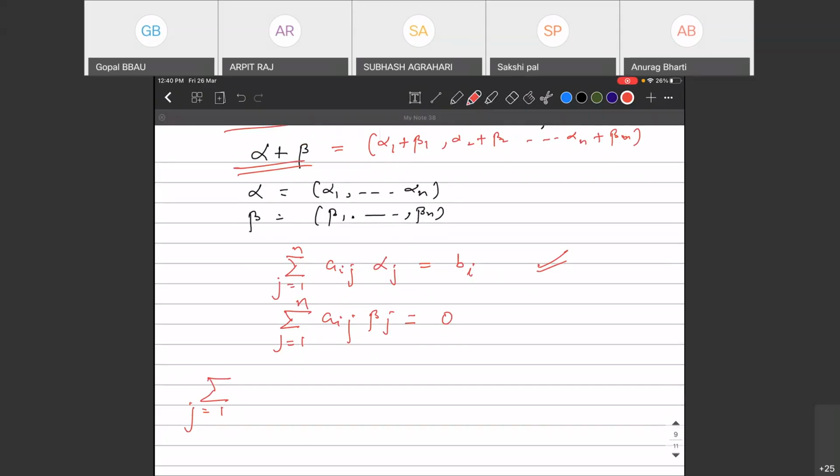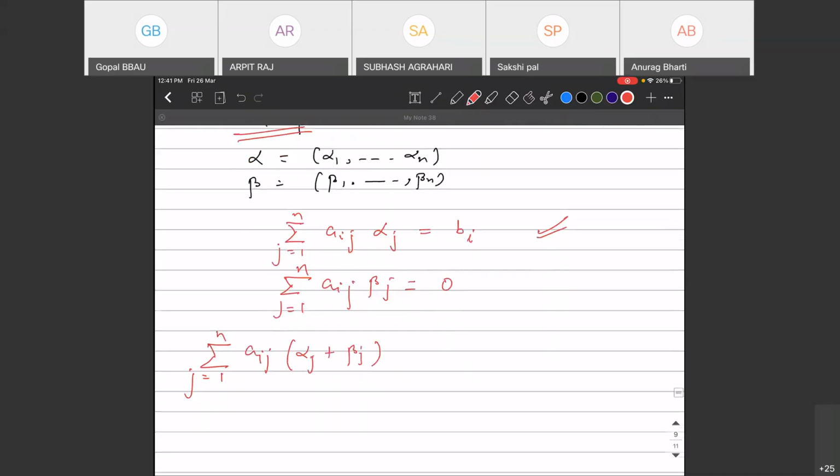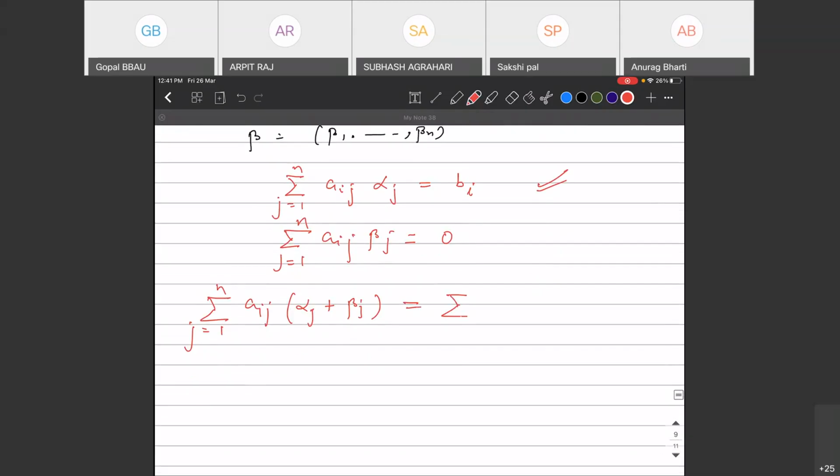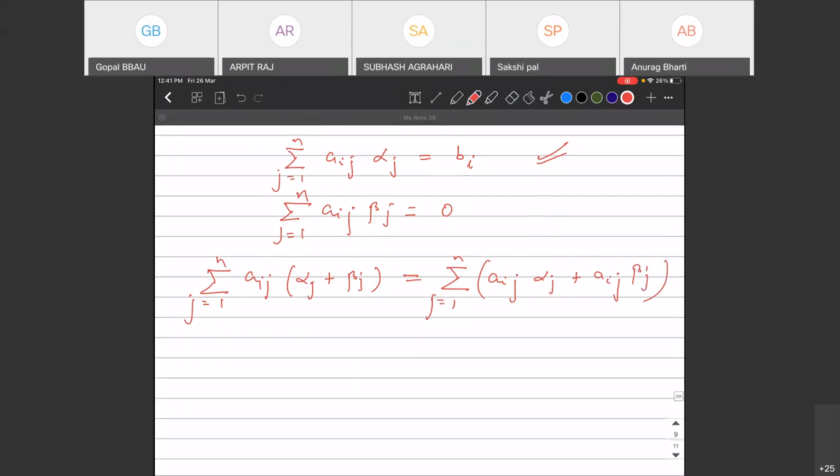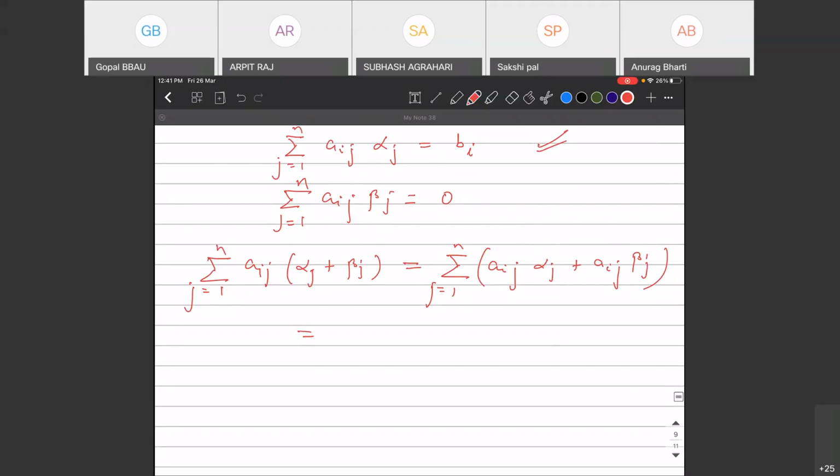And let's see what happens with this. We take summation j 1 to n aij times alpha j plus beta j. Let's consider this part. So this will be summation j 1 to n aij alpha j plus aij beta j. This is just a calculation. So from here we get summation aij alpha j plus summation aij beta j.